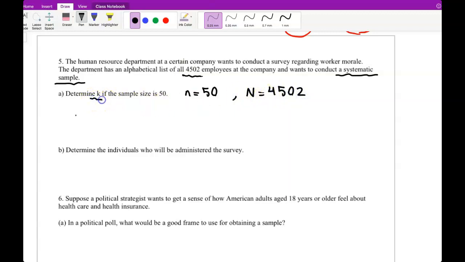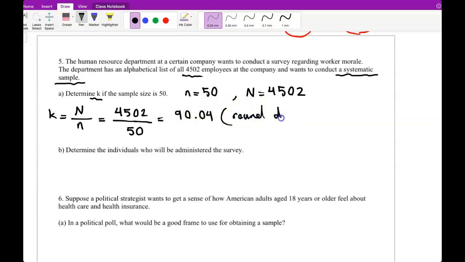Now find K. K is the population size divided by the sample size. 4,502 divided by 50 is 90.04. Round down, it's 90.